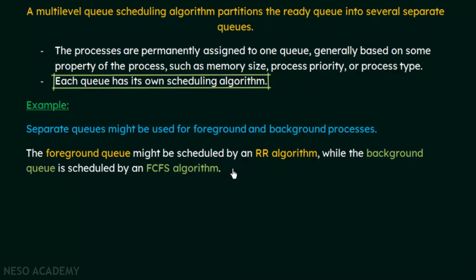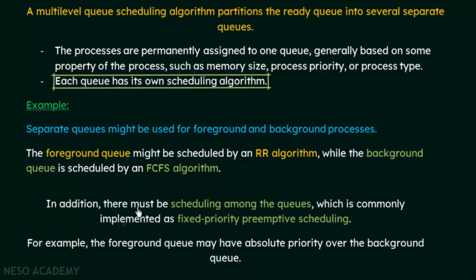So here we see that different queues are following different scheduling algorithms. Each queue has its own scheduling algorithm. That is what we just saw now. And in addition to this, there must be scheduling among the queues, which is commonly implemented as fixed priority preemptive scheduling. For example, the foreground queue may have absolute priority over the background queue.